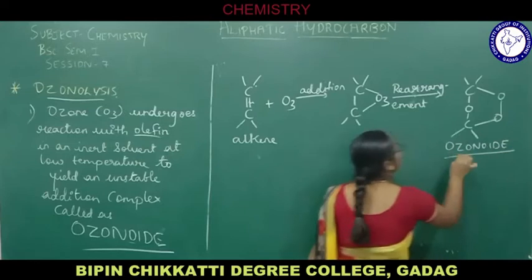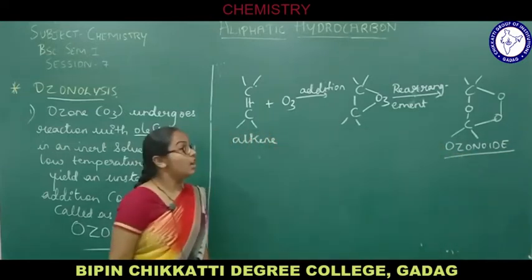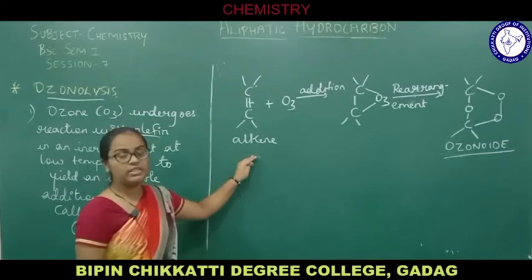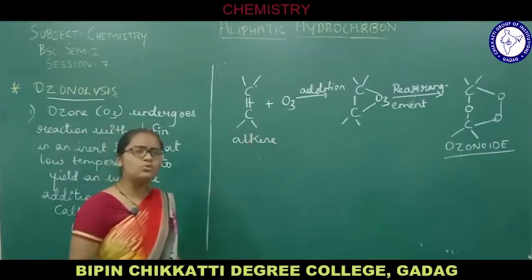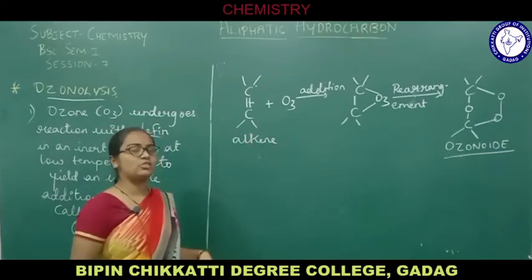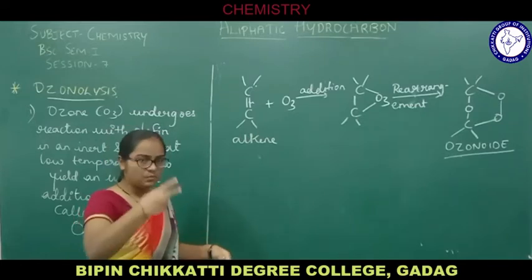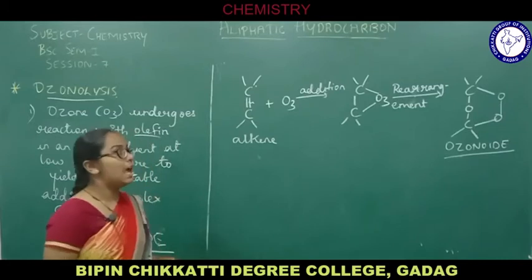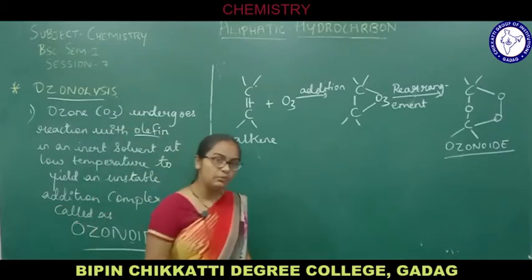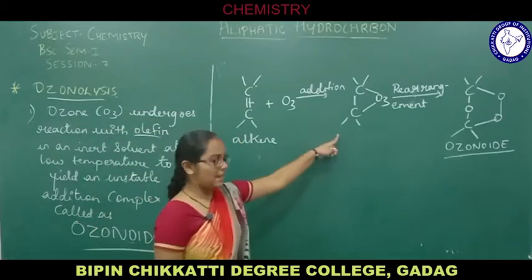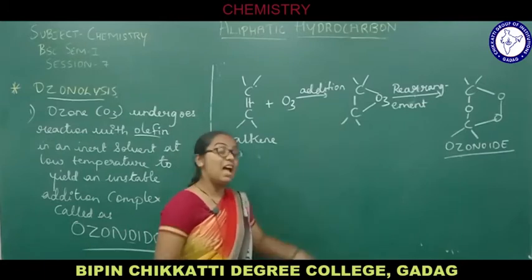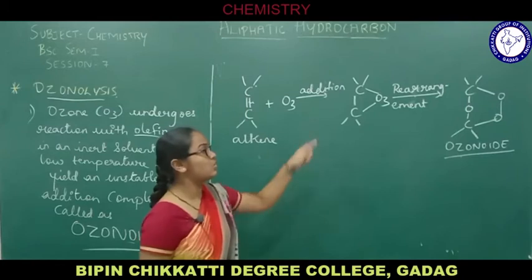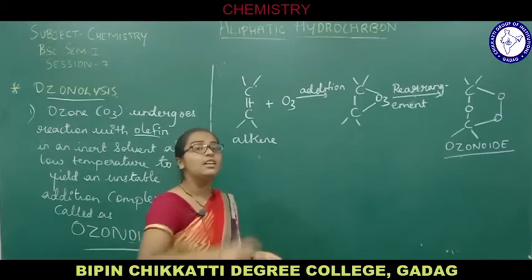This is ozonoid. Now how is the ozonoid formed? Very simple: when an alkene is treated with ozone, the double bond in the alkene gets cleaved, and the addition product forms in this manner, and this product undergoes further rearrangement so that the 3 oxygen atoms get situated in that manner.